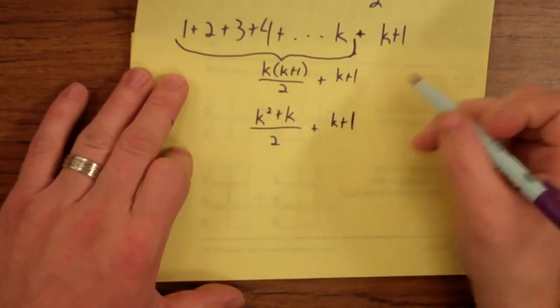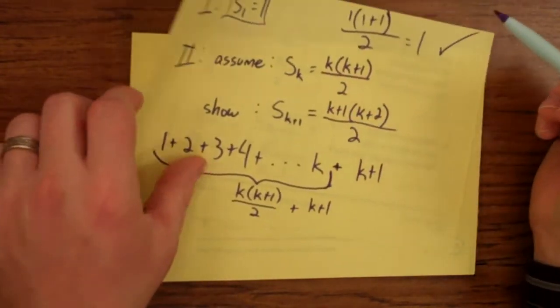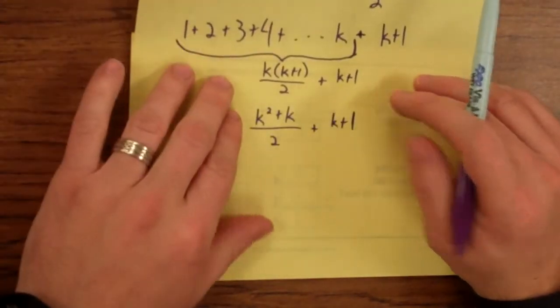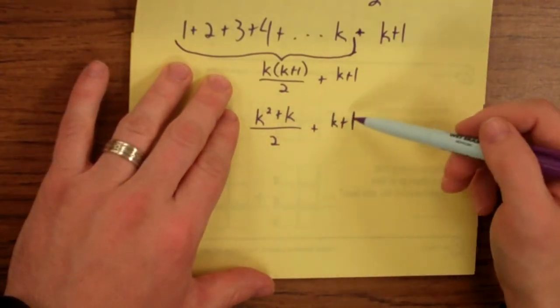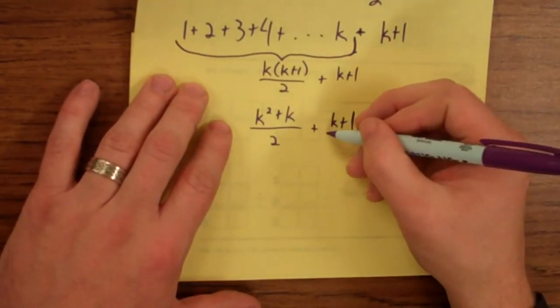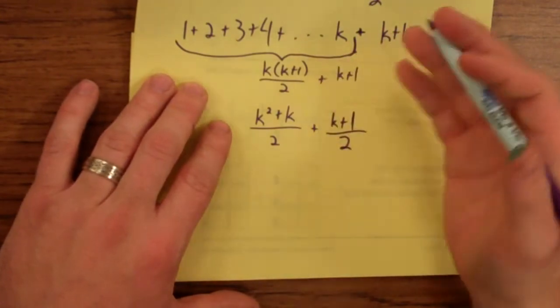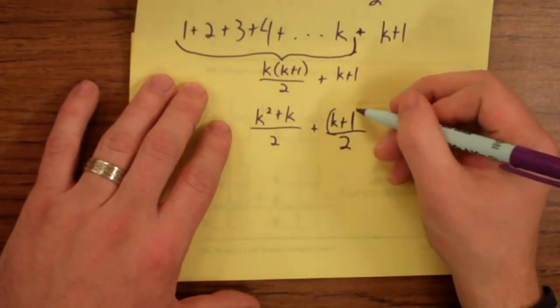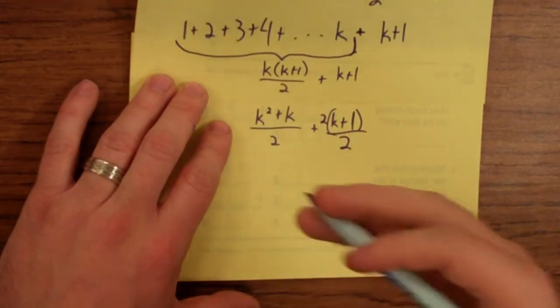Well, I see that the formula that I want to use is all over 2, so maybe I should add this fraction to this thing. Well, to add two things together, we need common denominators. This needs to be over 2 in order to add these together. But I can't just do that. If I'm going to divide by 2, I also need to multiply by 2 to balance it all out.